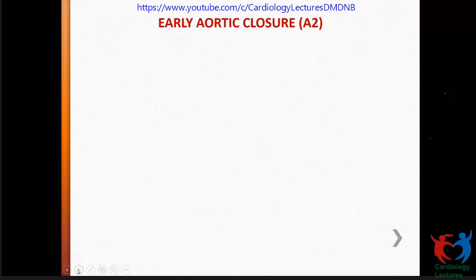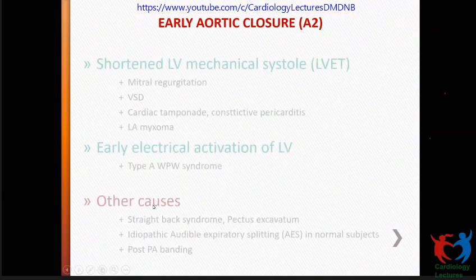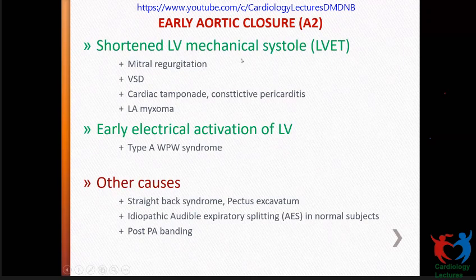Okay, so congenital heart disease, remember, top we already discussed. ASD wide fixed, VSD wide variable, but because of early A2. PDA paradoxical because of hangout interval of the left side increasing. Okay, so let's see what's happening now here. So shortened LV, like in MR, VSD, even tamponade, constriction, LA myxoma, early activation, which we already discussed. Early activation also produces early A2, but without changing intensity.